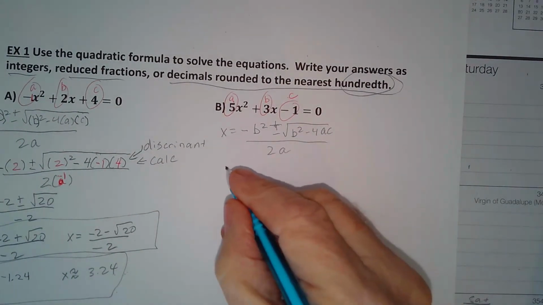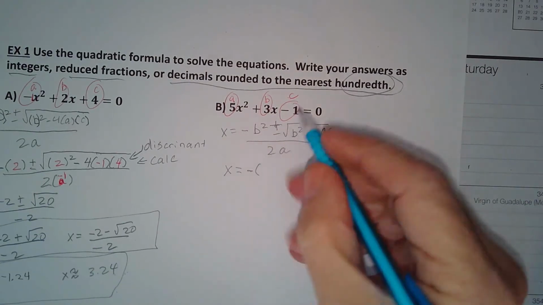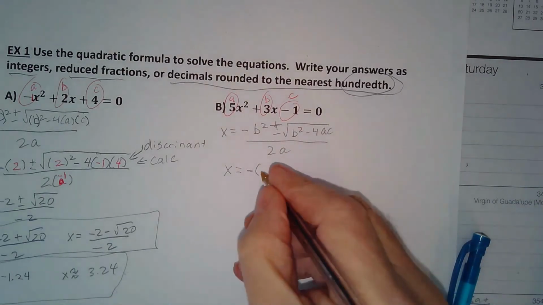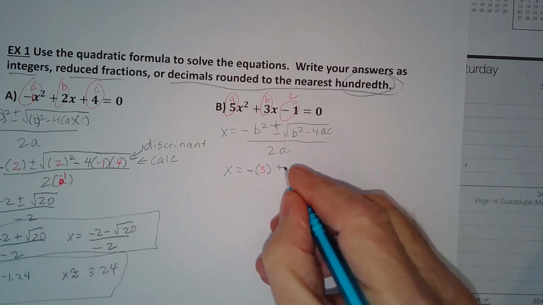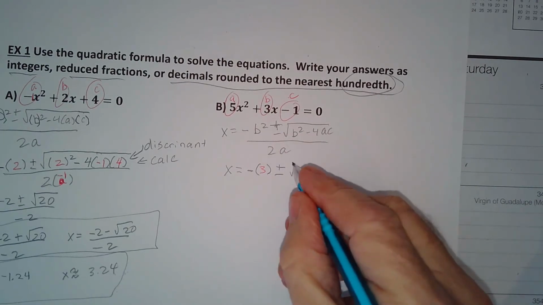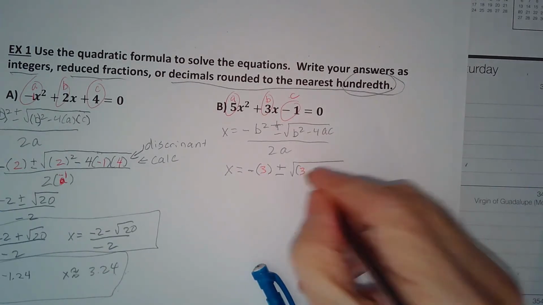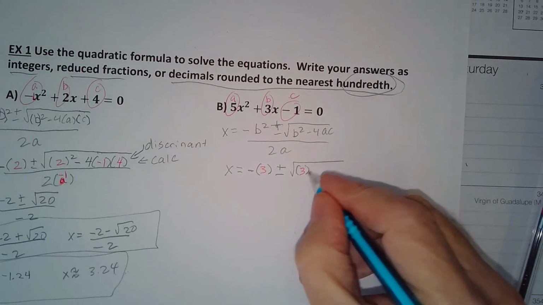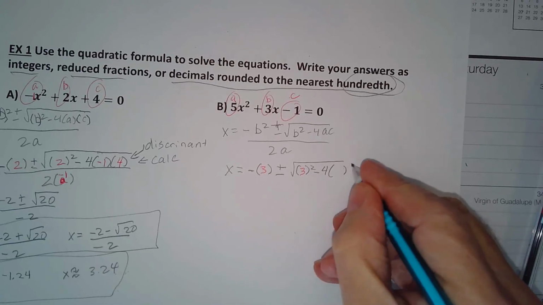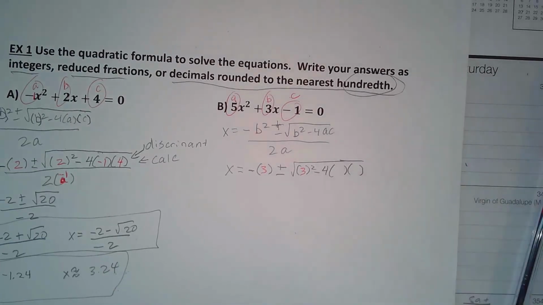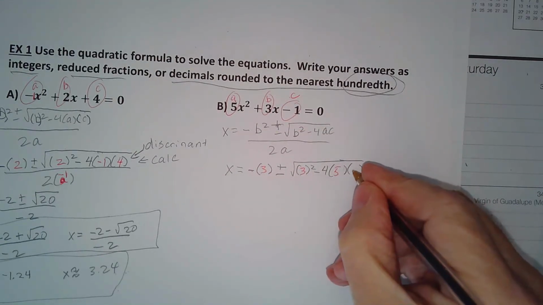So x equals negative, and then in parentheses, b is 3. And remember, negative just means the opposite of. Plus or minus the square root of, in parentheses, 3 squared minus 4 times a times c. a is 5. c is -1.